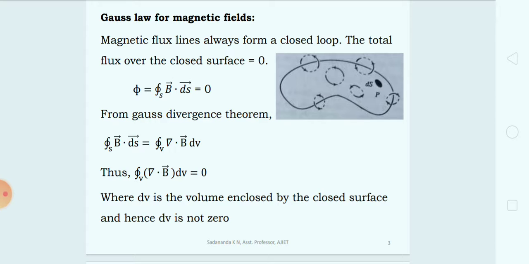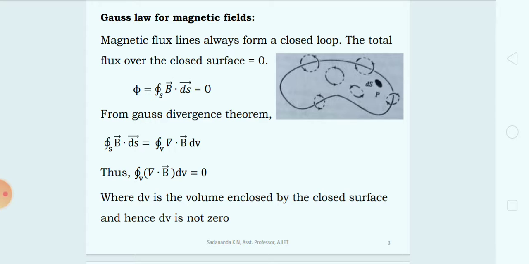Previously, we discussed flux lines that may be electric flux. But when it comes to the magnetic field, the magnetic flux over a closed surface is equal to 0. That is the meaning of the statement: phi equal to the surface integral of vector B dot vector dS is equal to 0, in the sense that the magnetic flux over the entire closed surface is equal to 0.